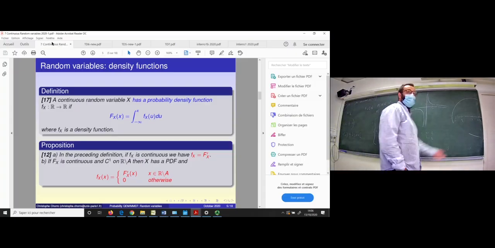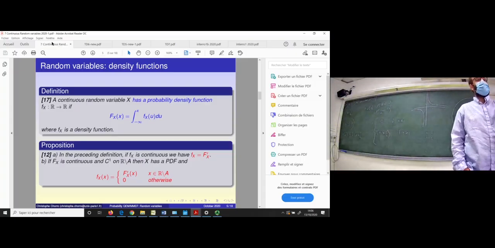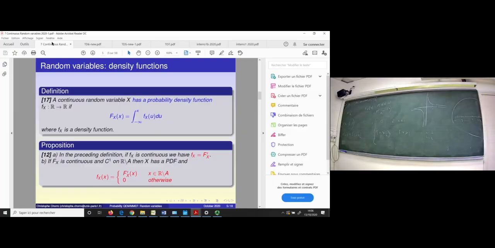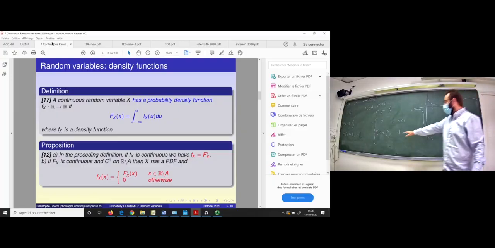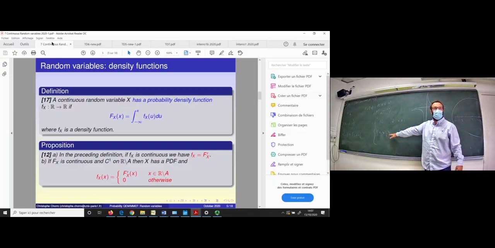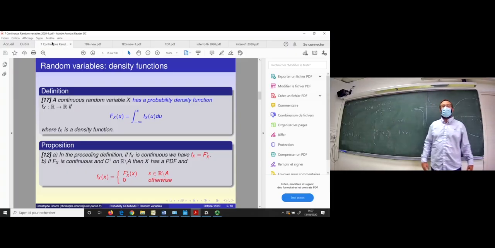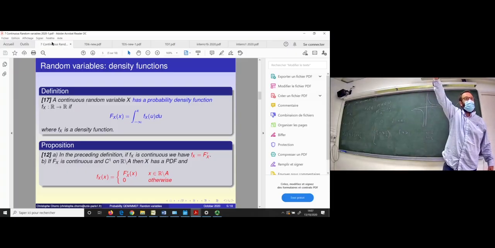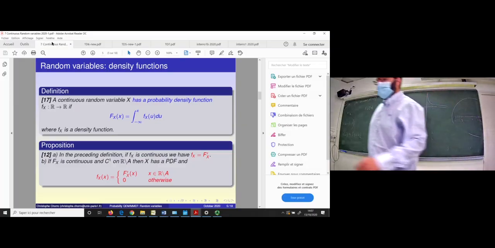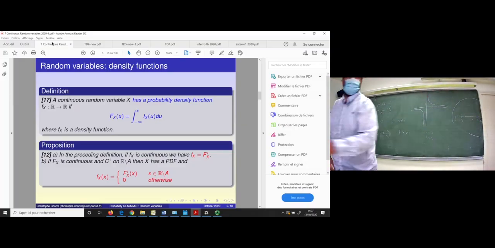You can use directly integral and so on, but it's not the way I will do. Why? Because I know the distribution function of a uniform on the interval 0, 1.